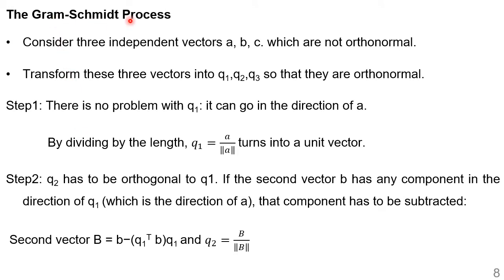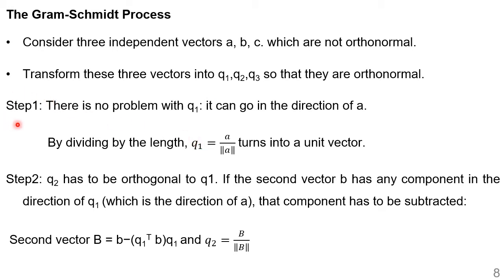The Gram-Schmidt process helps us convert vectors which are not orthonormal to each other into vectors that are orthonormal to each other. So let us consider three independent vectors A, B, C. We convert these three vectors into orthonormal vectors Q1, Q2, Q3. So we have several steps.